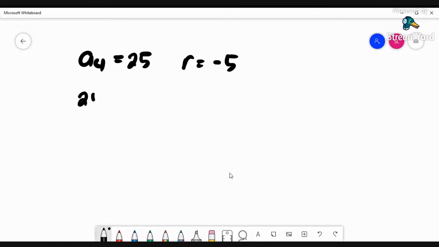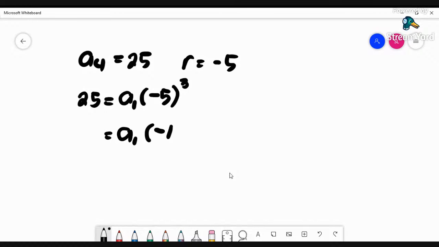So it means that we have 25 equals a sub 1 multiplied by the common ratio, which is negative 5, raised to 4 minus 1, which is 3. So that is a sub 1 times negative 5 times 5, 25 times 5.